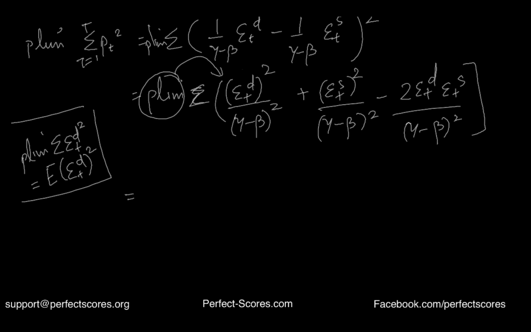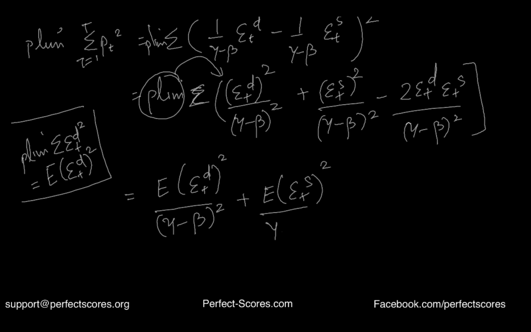So this thing over here is going to be equal to the expected value of the error term demand squared divided by gamma minus beta whole squared, plus the expected value of the error term supply squared over gamma minus beta whole squared, minus 2 times the expected value of error term demand and error term supply divided by gamma minus beta whole squared.